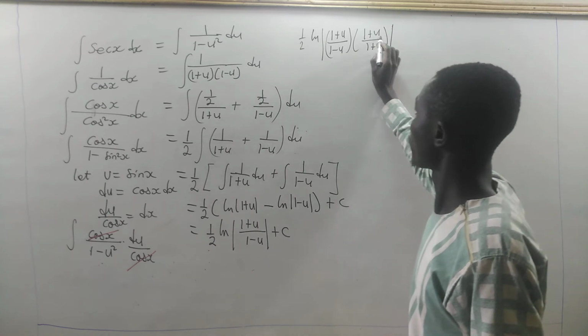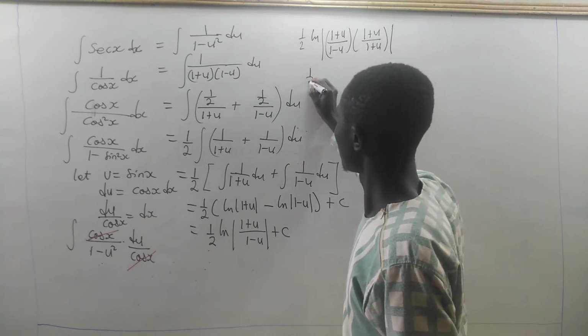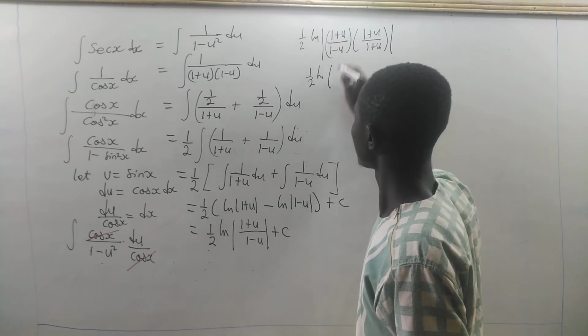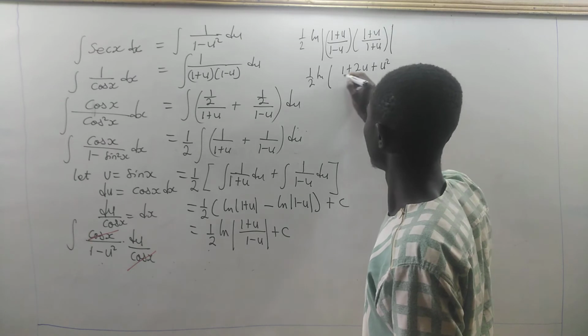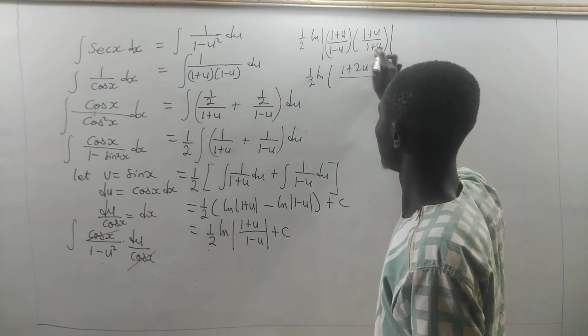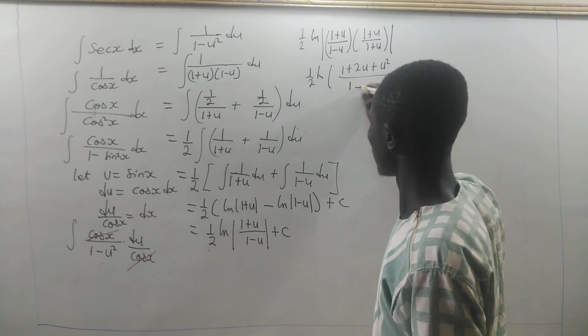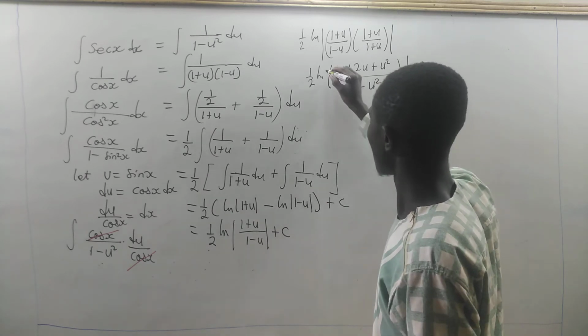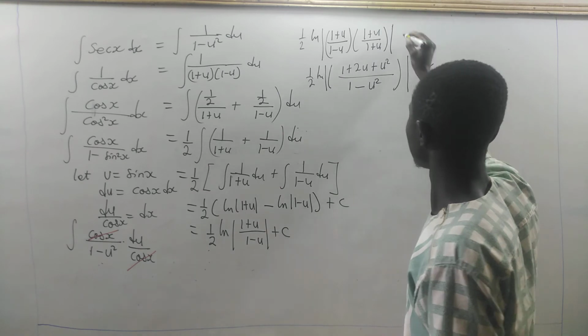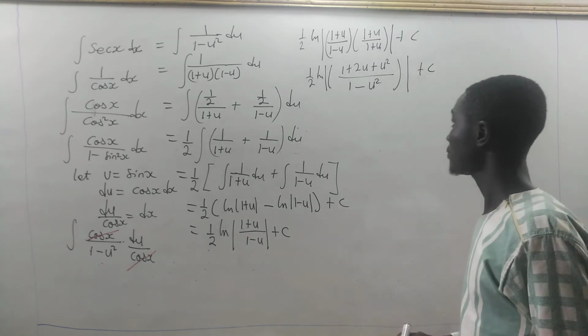Yes. So if you multiply the top, you're going to get half ln of 1 plus 2u plus u squared divided by, if you multiply the denominator, 1 minus u squared. Let me bring the absolute value sign. We have plus c.